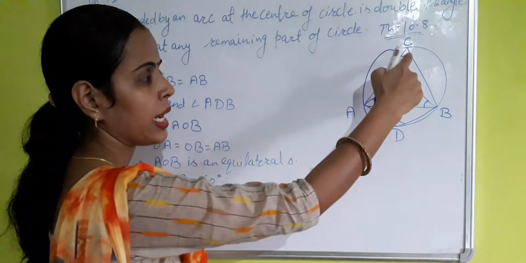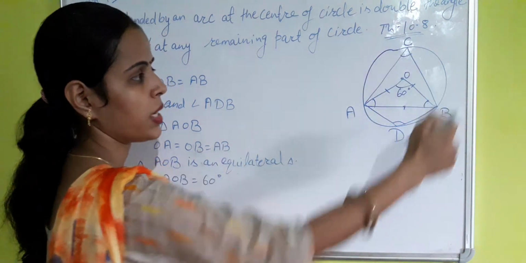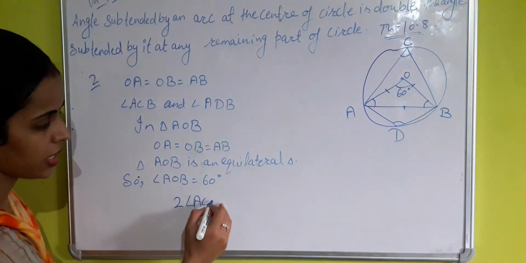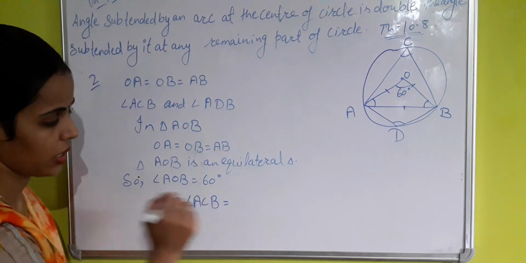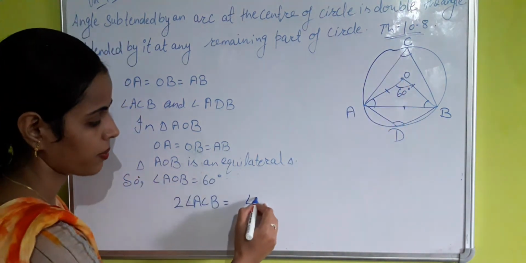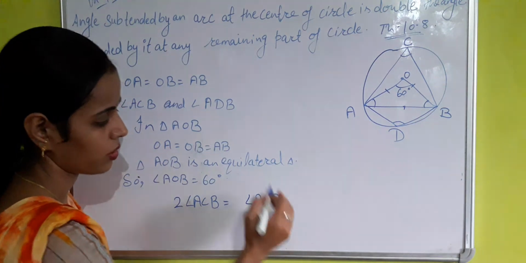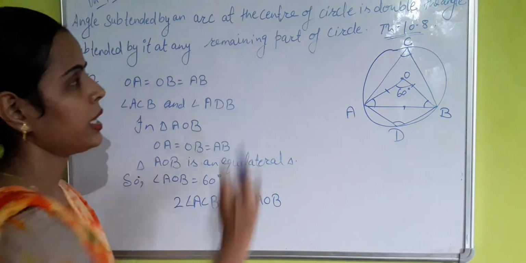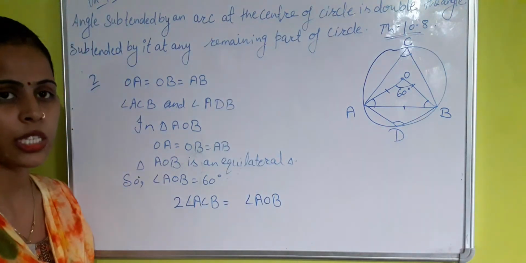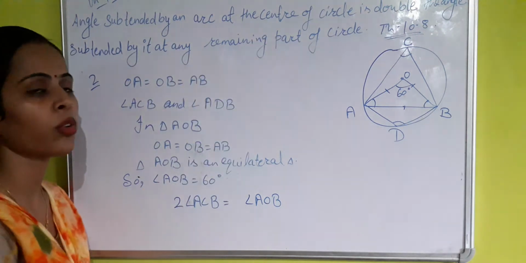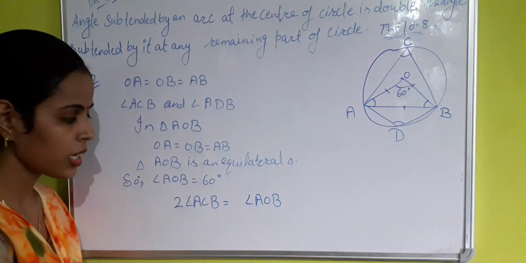Now angle ACB is half of angle AOB. The angle made by the arc at the center of the circle is double the angle made by the same arc at any point on the remaining part of the circle.